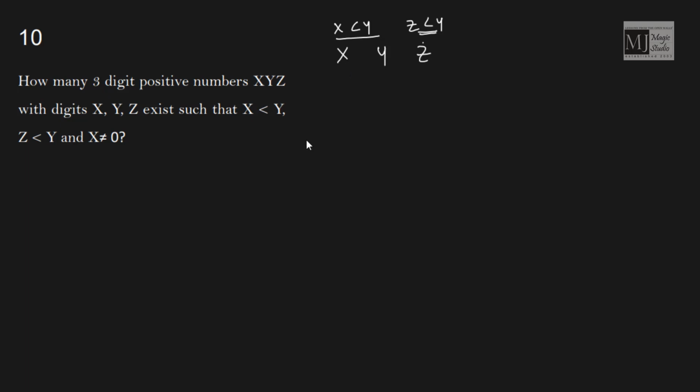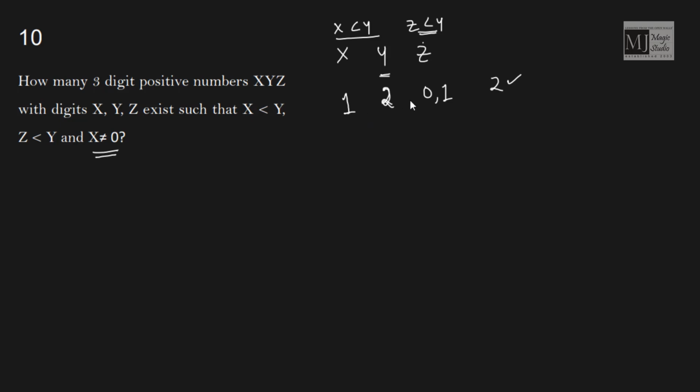X cannot be equal to 0. And X is less than Y, Z is also less than Y. That means we can start with digit 2. So minimum value that Y can take is 2. X will take 1. Now in place of Z, Z is less than Y, we can have 0 or 1.